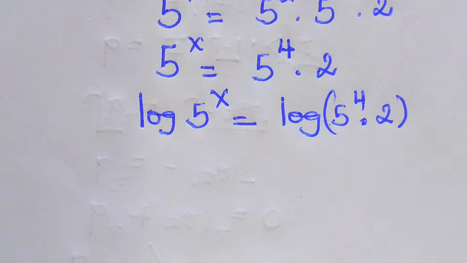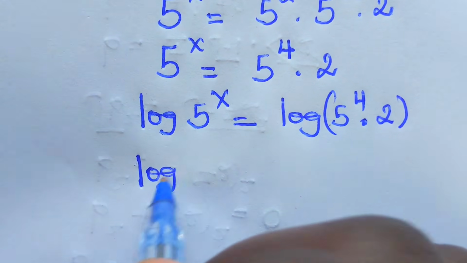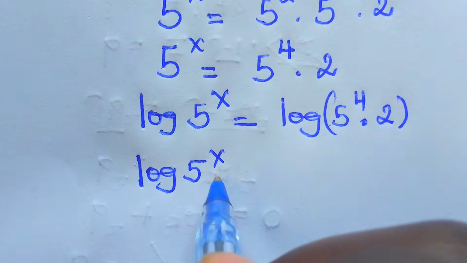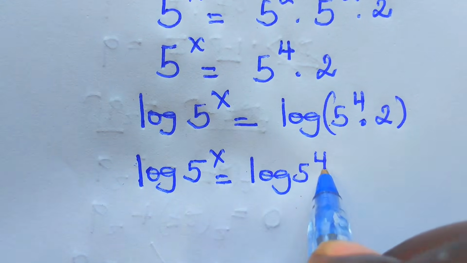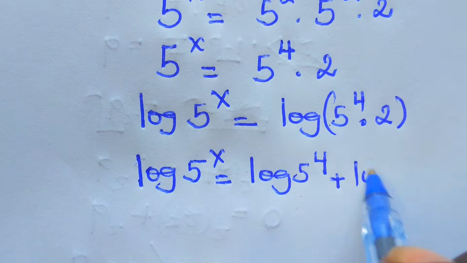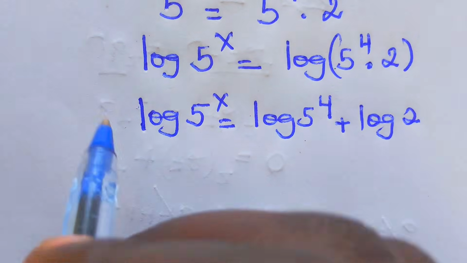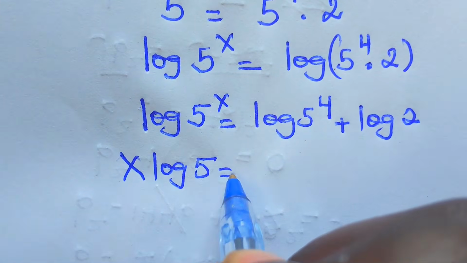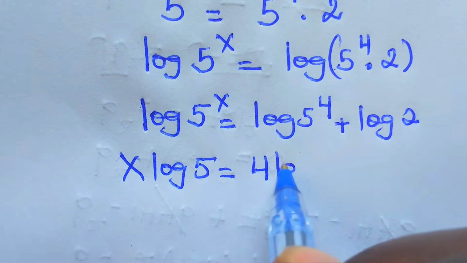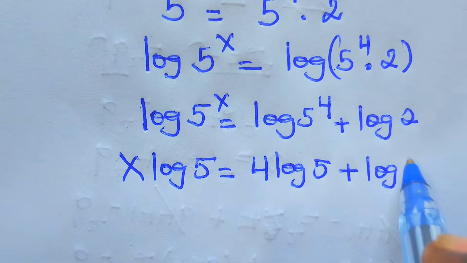Right, so at this stage we have logarithm of 5 power x equals to logarithm of 5 power 4 plus logarithm of 2, and then here x logarithm of 5 equals to 4 logarithm of 5 plus logarithm of 2.